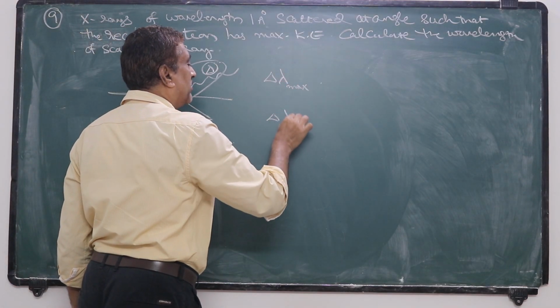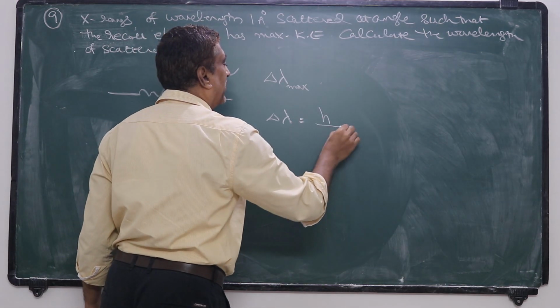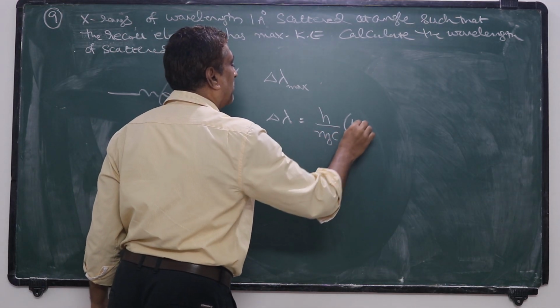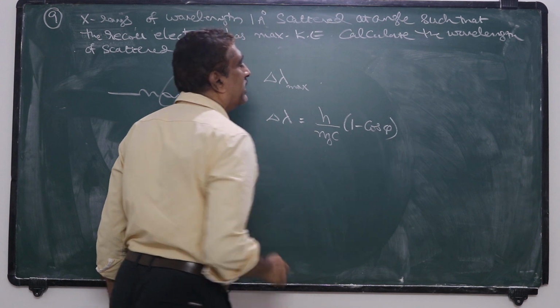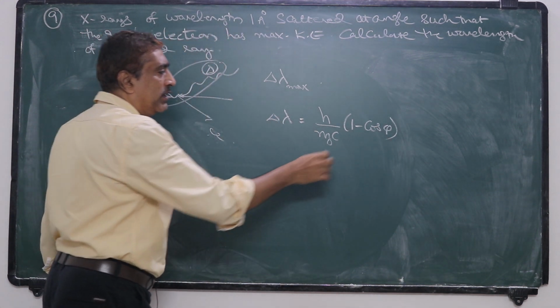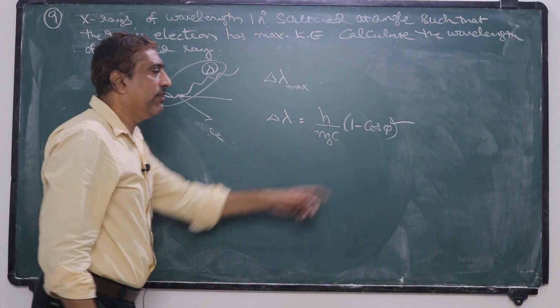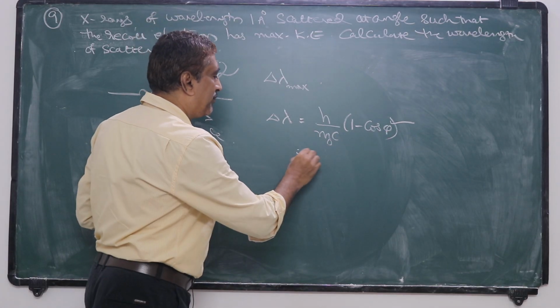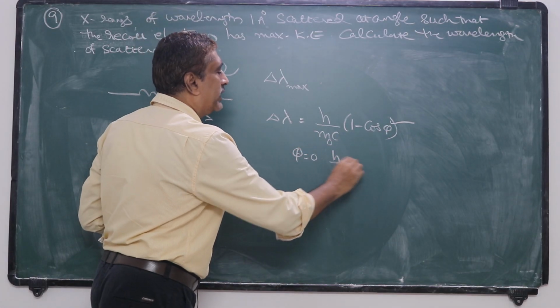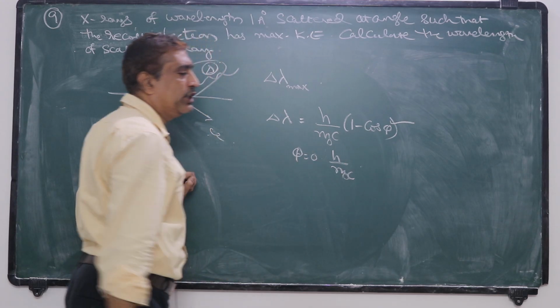But actually the Compton shift is equal to h by m naught c into 1 minus cos phi. This value is maximum when phi is 180. If phi is 0, there is no shift.